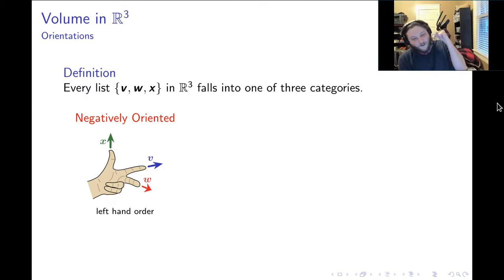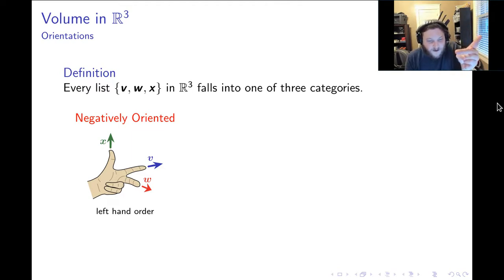So here, we're going to take our left hand and we're going to make a fist. And then we're going to shoot out our index finger, and that will represent the vector v, which is the first vector in our list here. Then we'll shoot our middle finger out to point in the direction of v, but then we'll curl our middle finger into our palm like this.